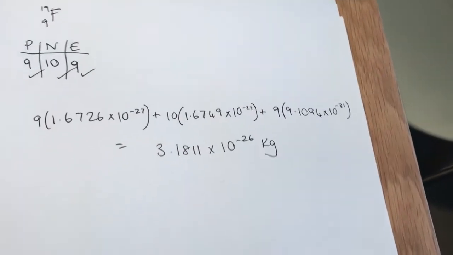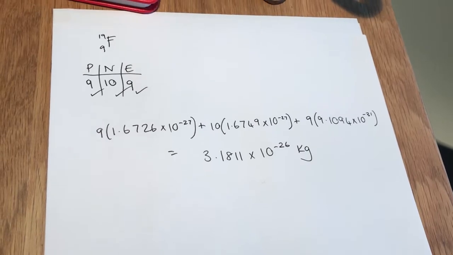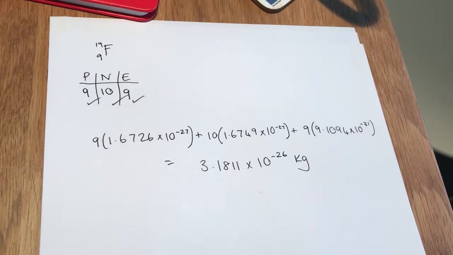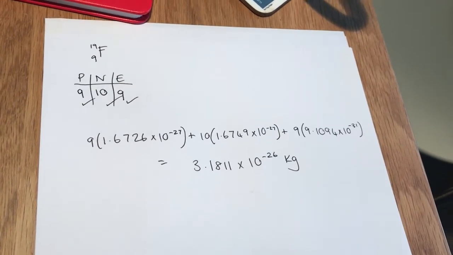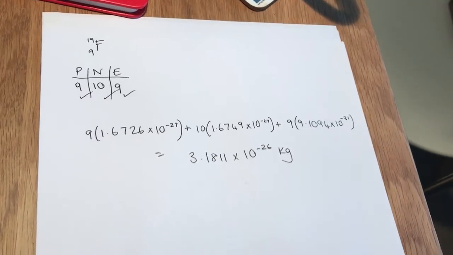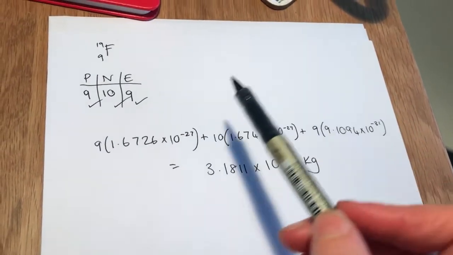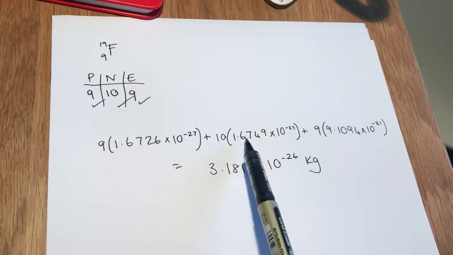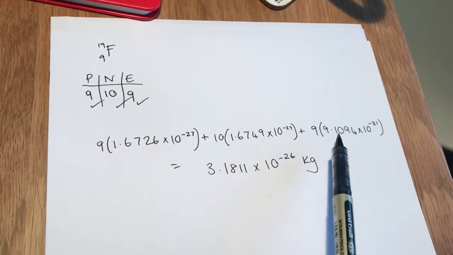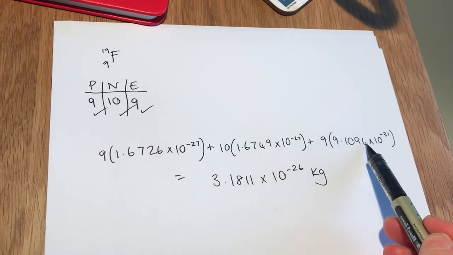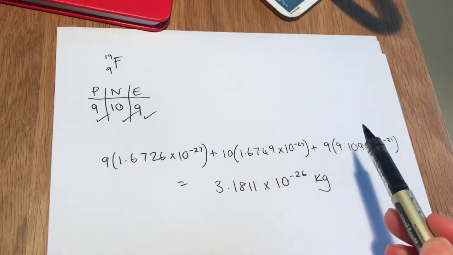Now, the question asks you to put it to an appropriate number of significant figures. Each of these numbers has been given to you to 5 significant figures. 1, 2, 3, 4, 5.